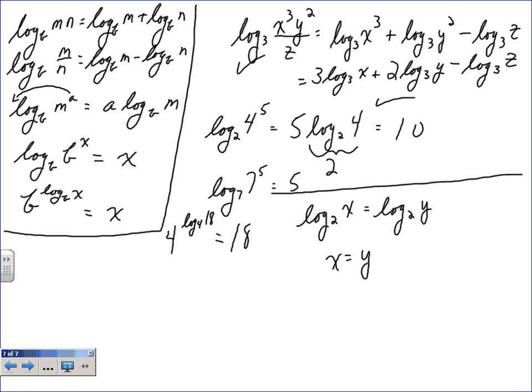If you have 2 logarithms equaling one another and the bases are the same, we can just compare what they're equal to and then go ahead and solve it. For instance, you might see something like log base 2 of 3x equals log base 2 of 7. That means 3x equals 7, x equals 7/3. Okay, does that make sense?